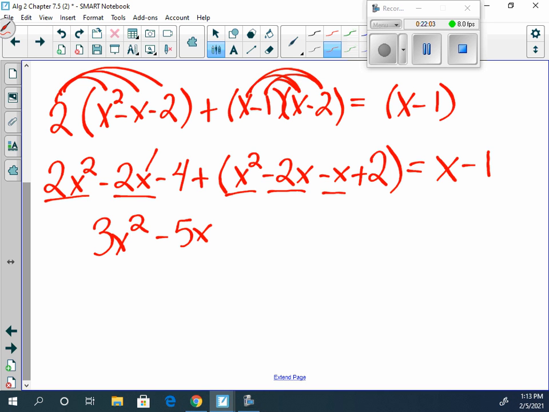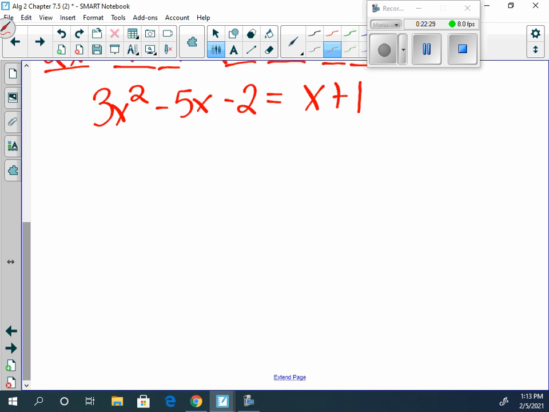Because we have 1, 2, 3, 4, 5 total x's. And lastly, we have negative 4 plus 2 would be negative 2. So when we combine all of our like terms on the left-hand side, we get 3x squared minus 5x minus 2. So we've got everything kind of simplified down.